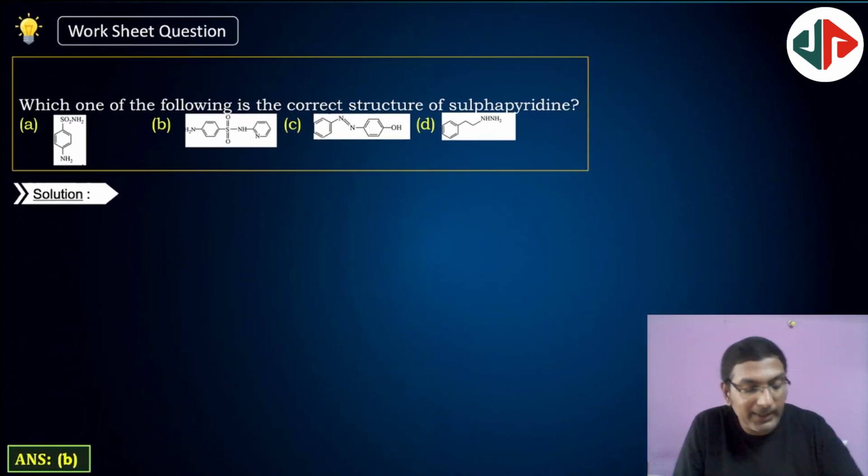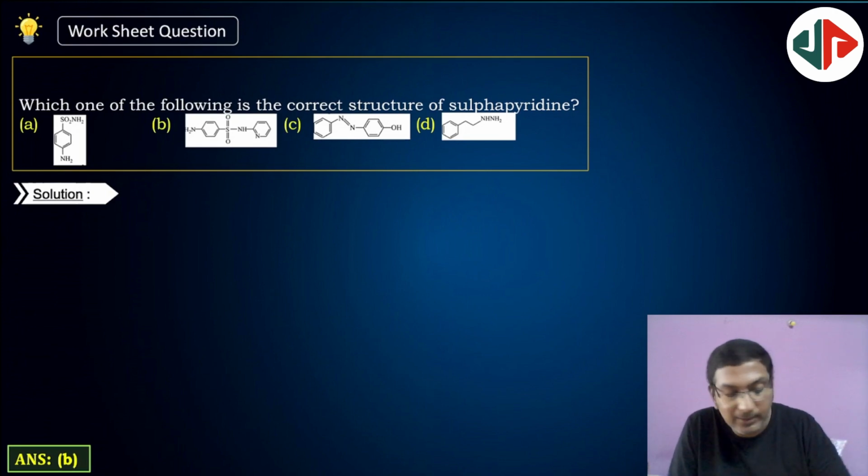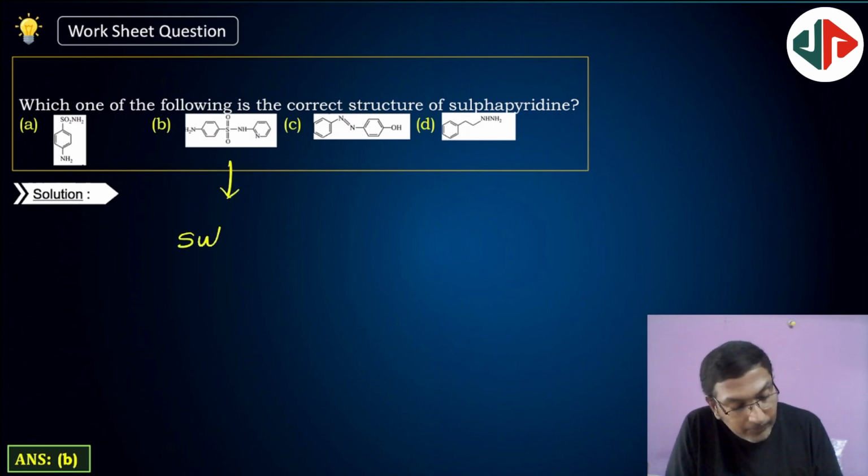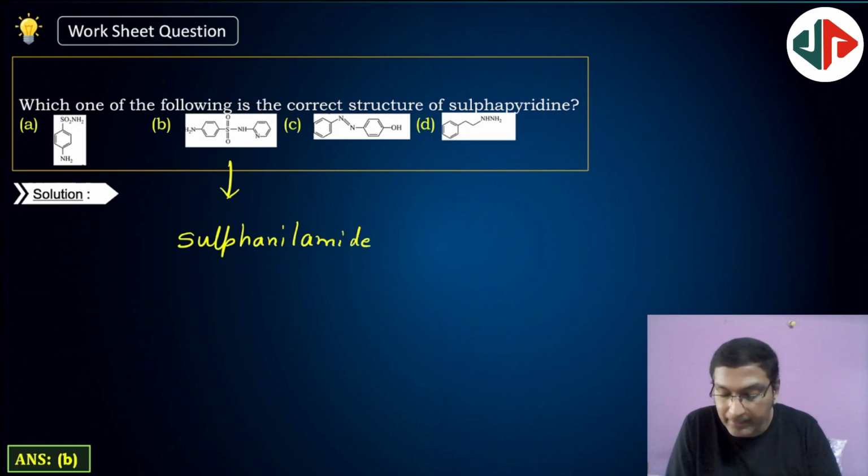Which one of the following is the correct structure of sulfapyridine? So this structure will be sulfonylamide, which is antibacterial.